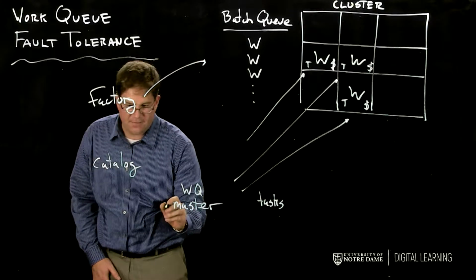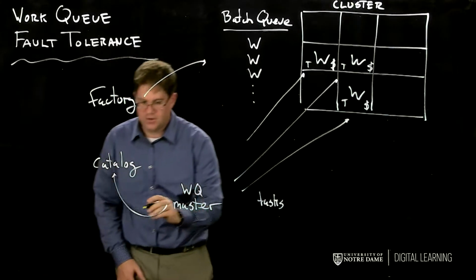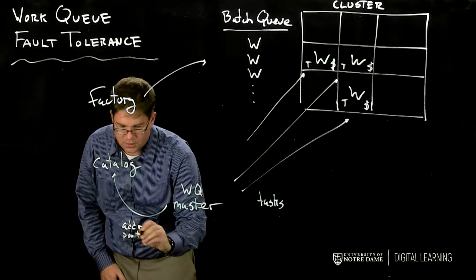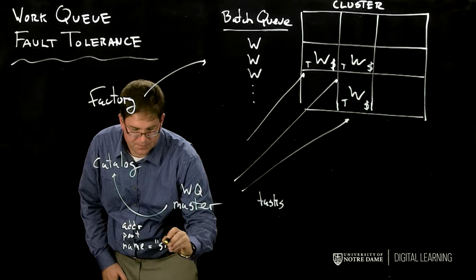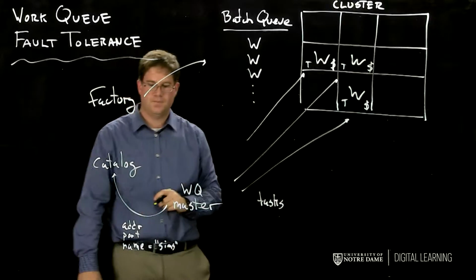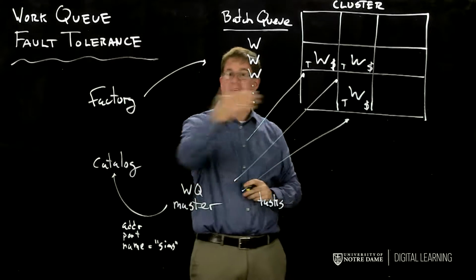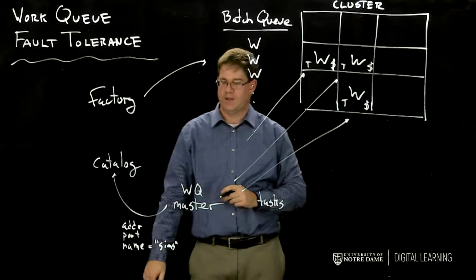So the master advertises itself to the catalog and says, here I am, here's my address and port, and here's my name. Let's suppose that it's Sims. And now, whenever these workers want to find where this master is, they have to ask the catalog, where is the master called Sims? And then they connect to it directly.